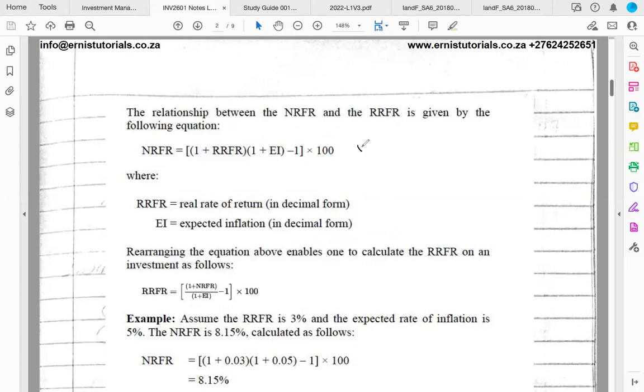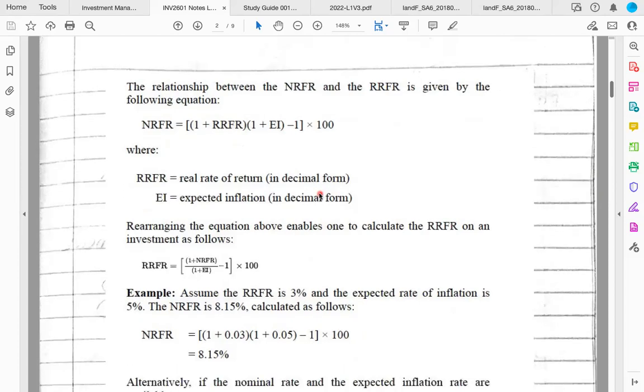So this is a really important formula. This formula tells us how to calculate the nominal risk-free rate of return if we've been given the real risk-free rate of return and the expected inflation. And they are all in decimals.